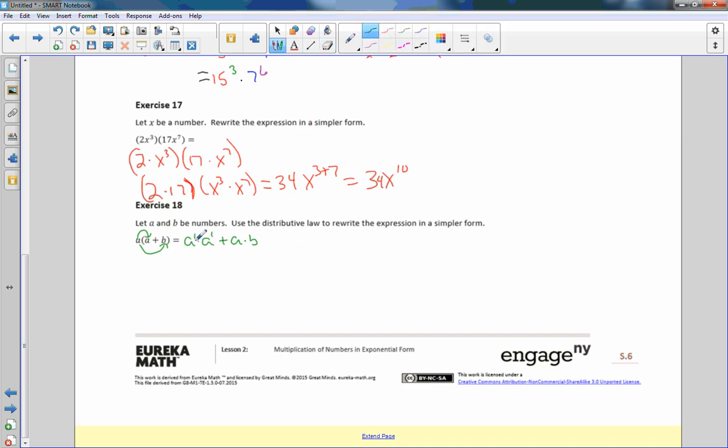I have a to the 1 times a to the 1, which is a to the 1 plus 1, plus a times b, which is simply ab. And then finally simplify. a to the 1 plus 1 is a squared. And then a times b cannot be combined or simplified. Since there's a plus sign in between, I can't add them because they aren't like terms. So this is the simplified form of a times a plus b.